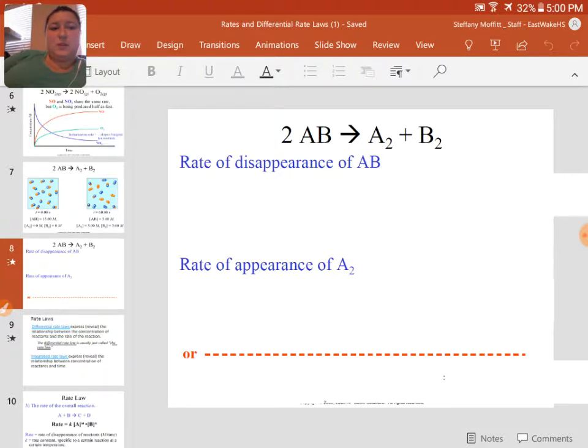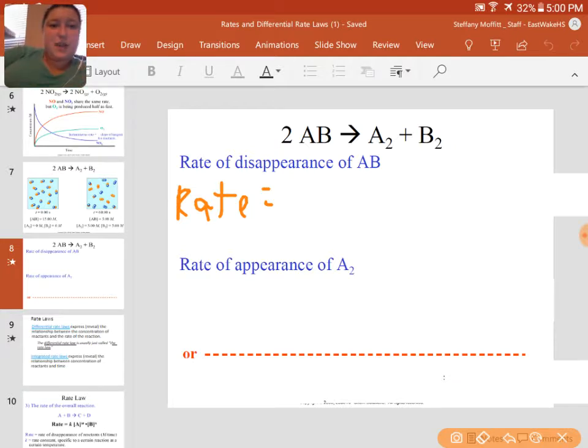So we can calculate the rate of disappearance of AB. So the rate is equal to, since we're looking at the disappearance of AB, and we're doing reactants, we have to do the negative. The change in the concentration, from AB to AB on the other side to the product side, our change is actually 10 molar.